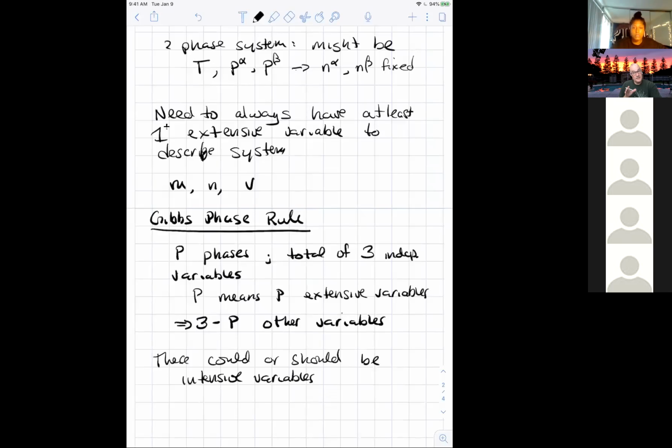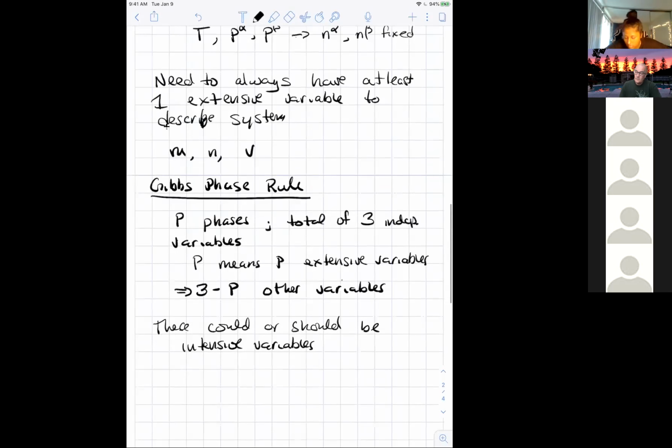I want to point out that if they turn out not to be intensive variables, we can make them intensive variables by using a combination of extensive variables, right? So that's always what we're going to end up doing. So we have the Gibbs phase rule. The Gibbs phase rule says F, which we call the number of degrees of freedom, is 3 minus P. This is for a pure substance. In other words, we don't have a mixture.